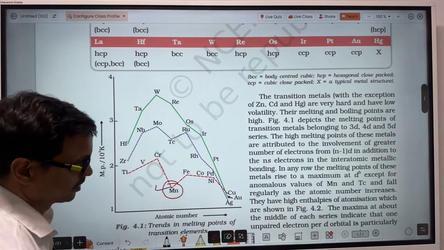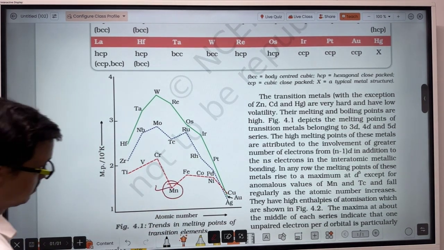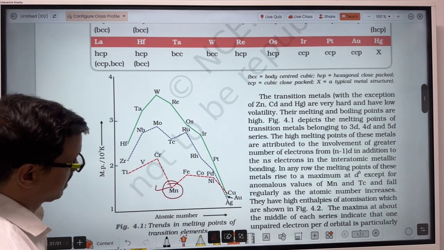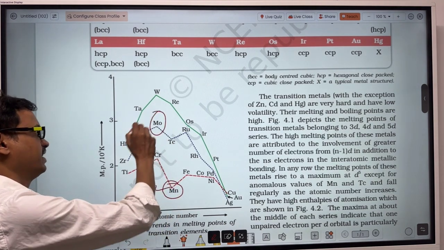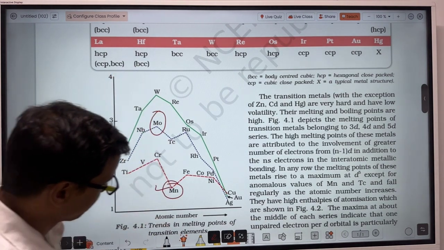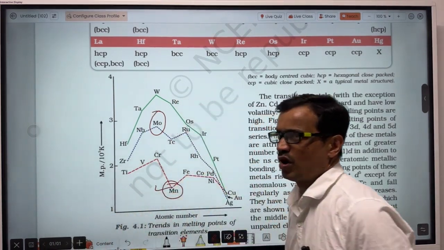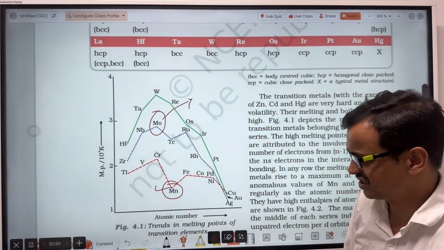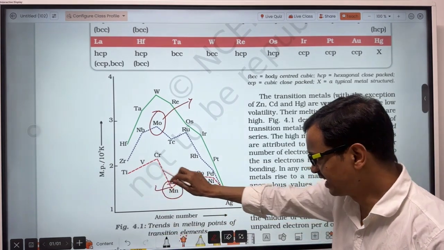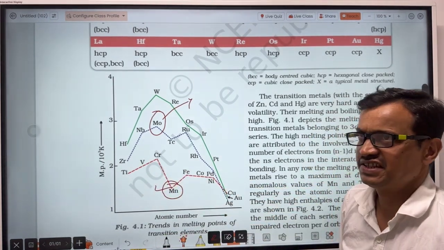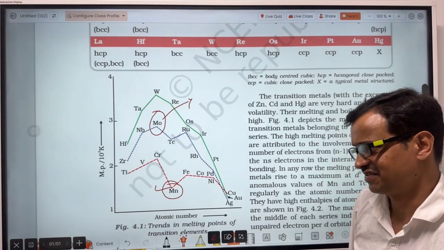The answer is manganese. In the main examination there are fewer chances, but there is a chance. Among all d block elements, molybdenum shows the highest number of oxidation states, and in the 3d series, manganese shows the highest number of oxidation states.